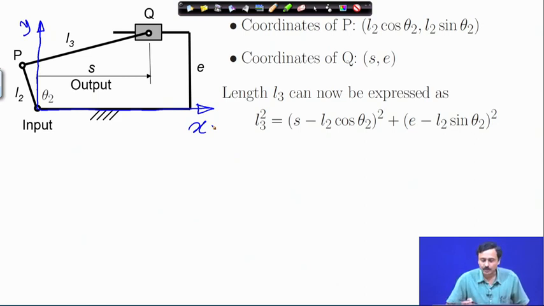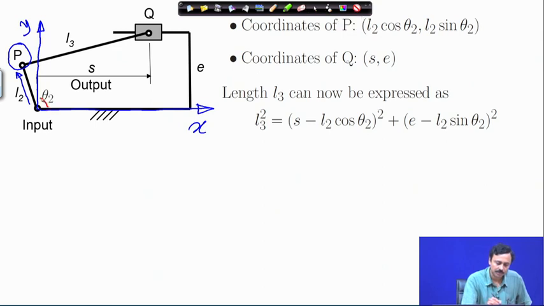So, this is our xy coordinate system. In this coordinate system, the coordinates of point P, as you can see here, which is this hinge, is given by L2. L2 is the length of this link. So, the coordinates of point P is L2 cosine of theta 2.